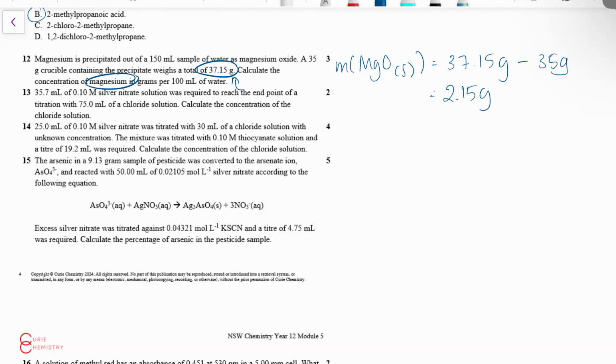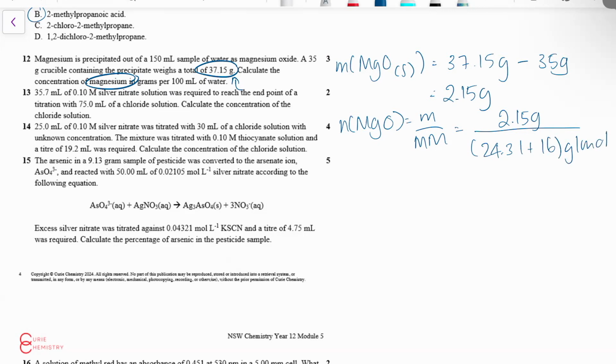And then when I get given one chemical but get asked for another, I need to do that in terms of moles. So moles of MgO is mass on molar mass, 2.15 grams divided by, what's the molar mass for magnesium? 24.31, and then oxygen is 16.